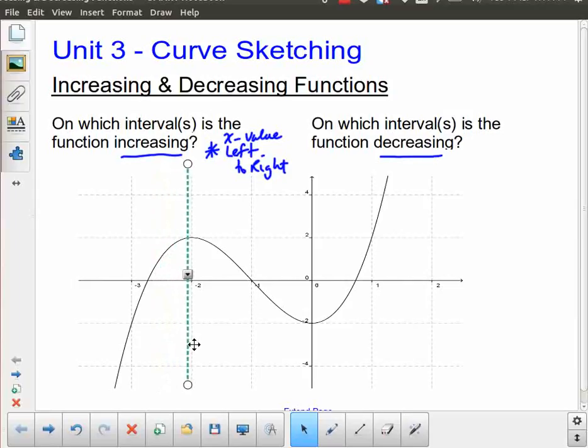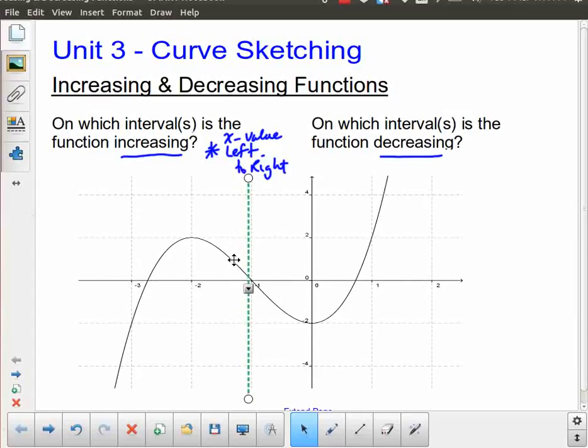Then I get to this point, which is a peak on the function, which from calculus we have learned to describe as a local extrema, or in this case a local maximum. Now what happens at that local extrema as I continue to scan from left to right? Notice what's happening to where my graph intersects this vertical line.